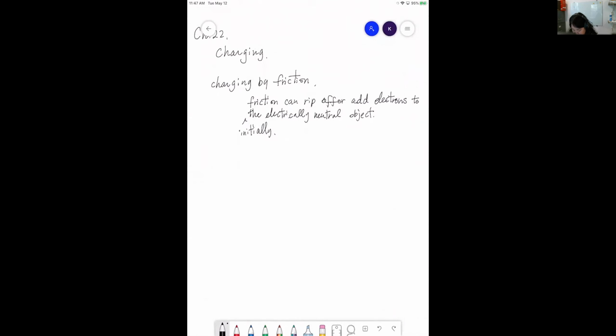So the example is rubbing a balloon. What happens is that initially we have the same number of charges. I'm holding a balloon, and this is my hair.